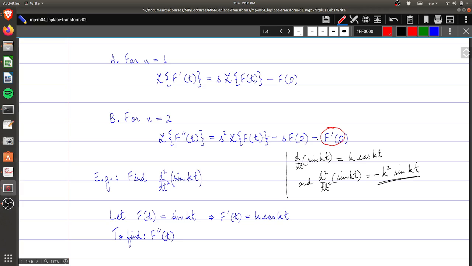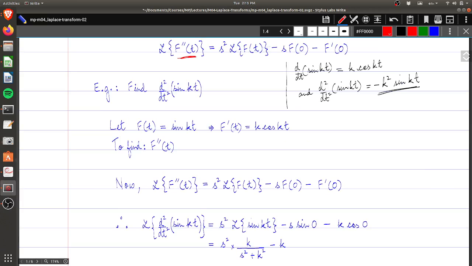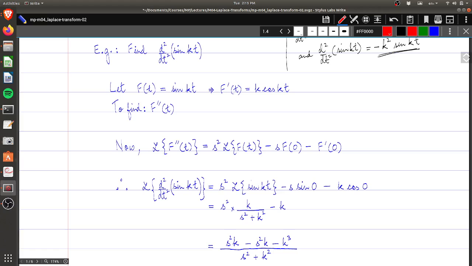So I'll just use the formula. The Laplace transform of the second derivative is s square L of f of t minus s f of 0 minus f prime of 0. Just substitute everything here. The Laplace transform of f double prime, which is d square by dt square of sine kt, is equal to s square, same as before, times the Laplace transform of f of t.